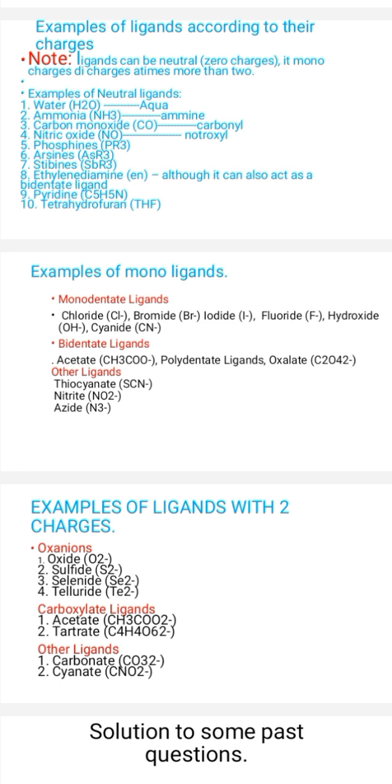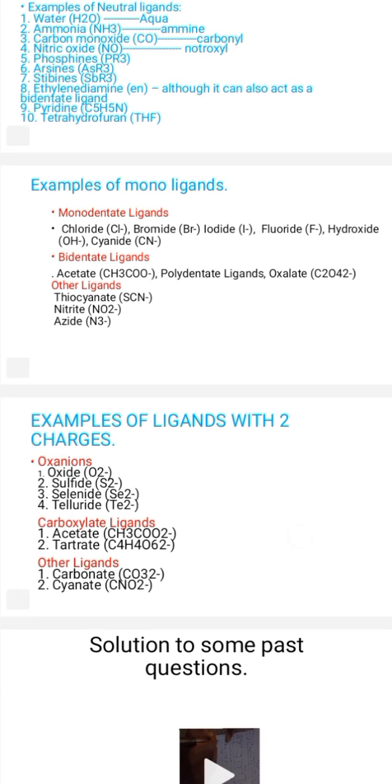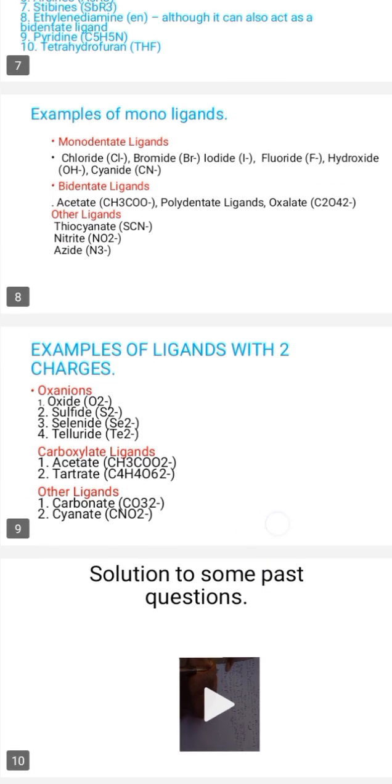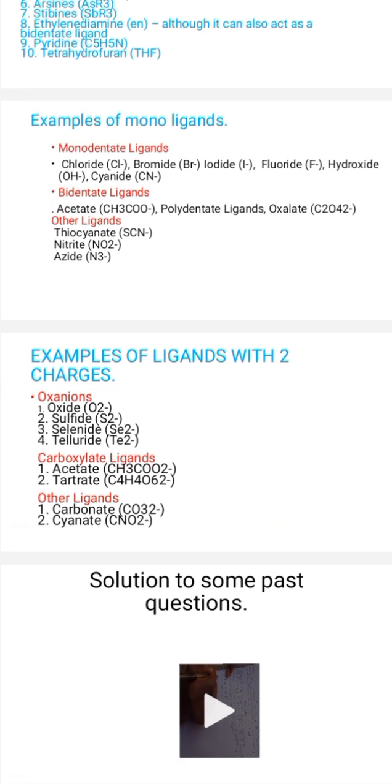Whenever you see O2 minus, O2 2 minus, they are under these examples. Then other ambidentate ligands, cyanato, SCN, or NCS, are also monodentate ligands with one charge.